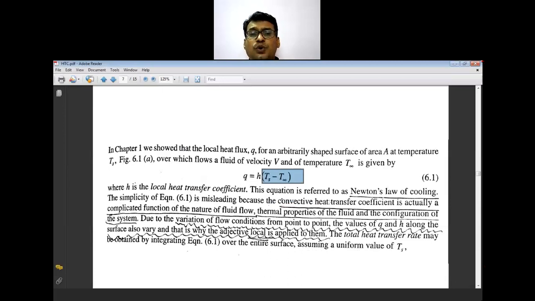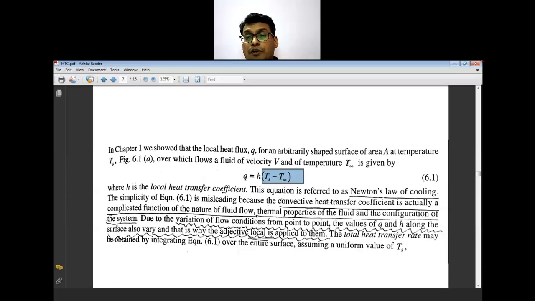And this convective heat transfer coefficient is actually a complicated function of the nature of the fluid flow, the thermal properties of the fluid, and the configuration of the system. All these different factors are going to affect this heat transfer coefficient. So, due to the variation of flow conditions from point to point, understand this, what is the local heat transfer coefficient?